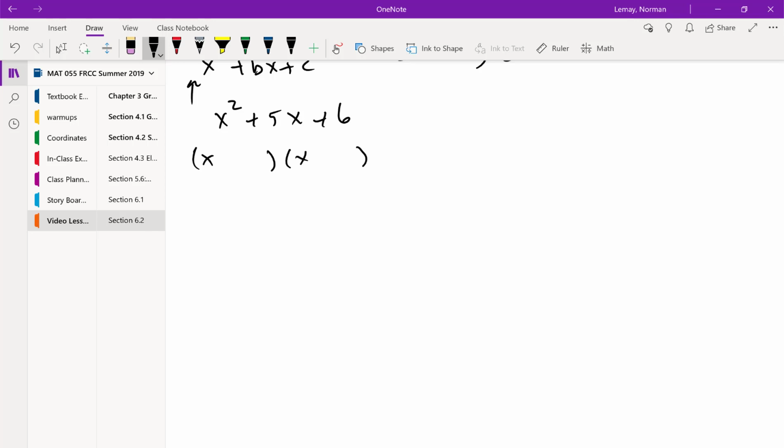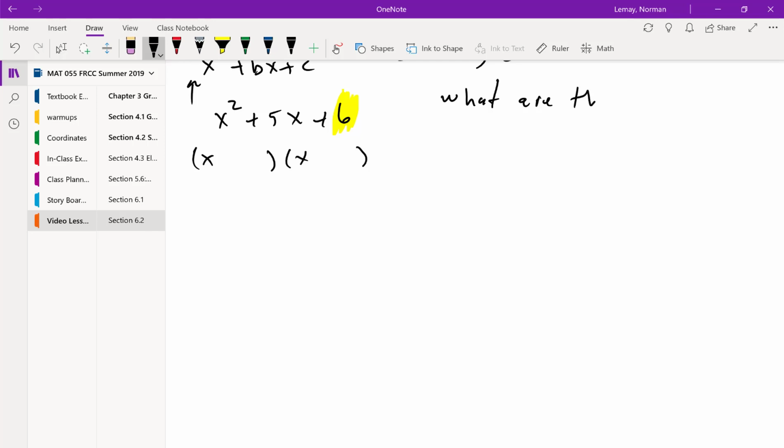And so now the third question is we come back over here to the c, and what we want to do is ask, what are the factors of c that add up to b?